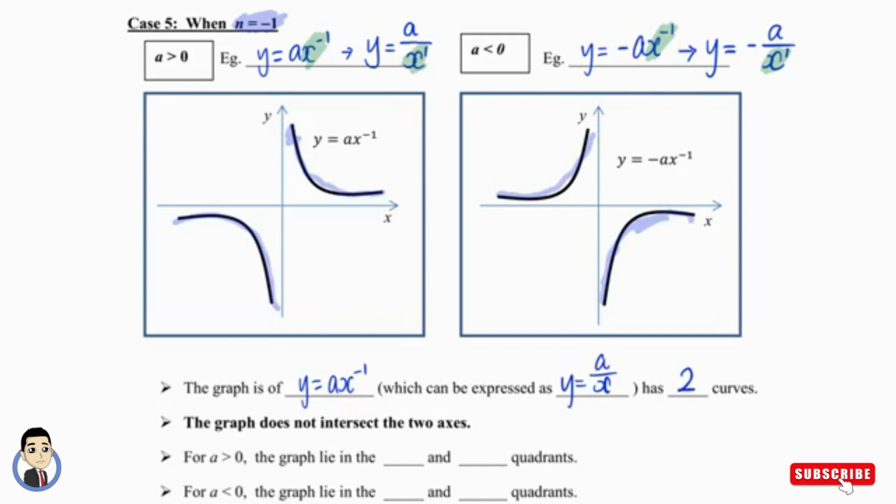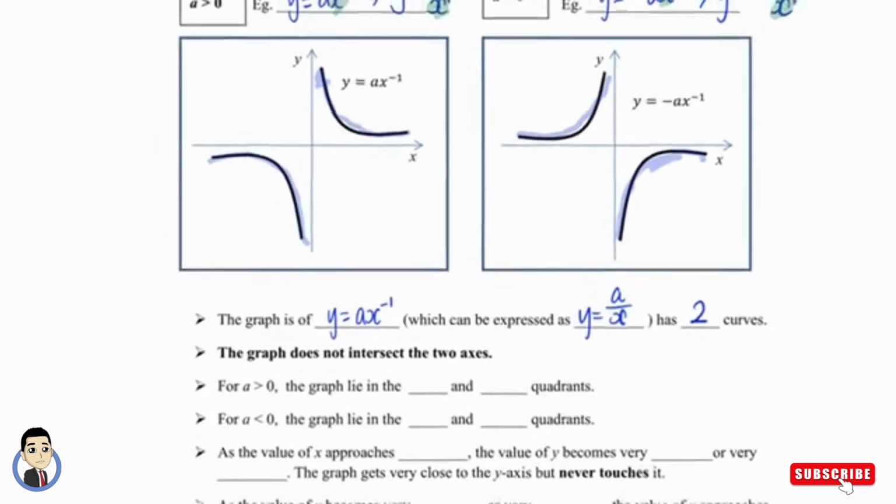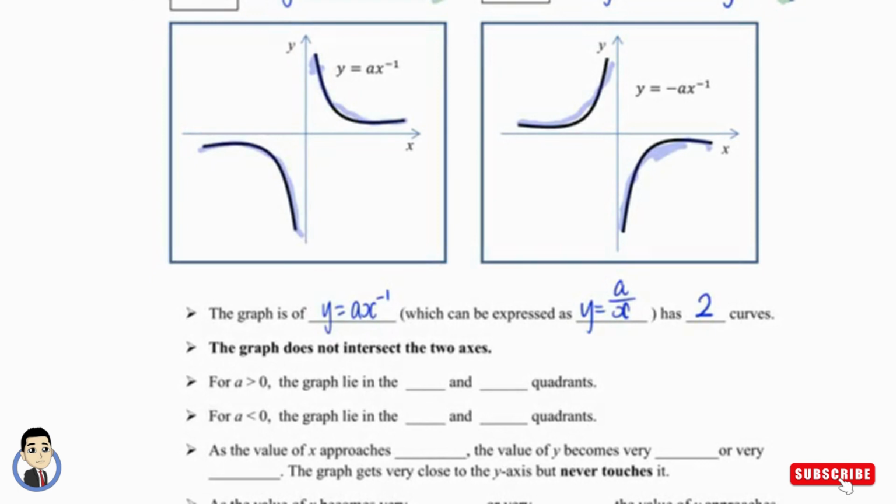Also notice, it does not intersect the two axes, meaning it does not touch the axes. Let's look more closely at the first part, where a is positive. It lies on the first, this is first, second, third and fourth, it lies on the first and the third quadrants.